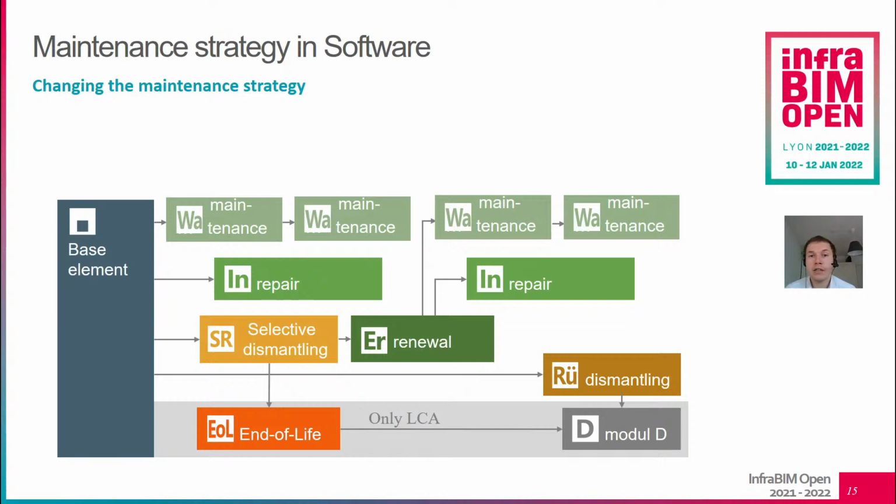After the service life of the base element is reached, we have our selective dismantling element and our renewal element, and after this renewal element all the other maintenance and repair cycles start again. Then after the lifespan of the bridge is reached, we have our dismantling element, and for the selective dismantling and the dismantling we also have end of life and module D elements which are required for LCA.